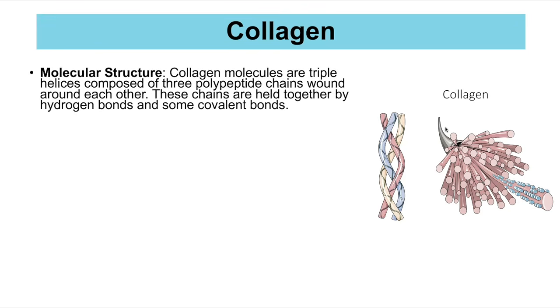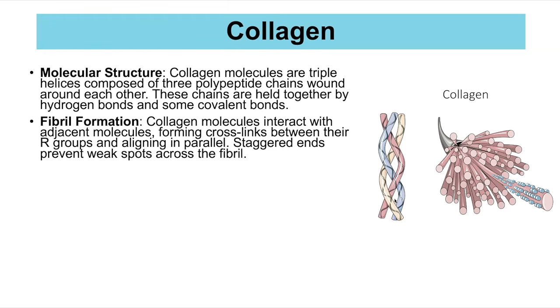Collagen was our example of a fibrous protein. So collagen molecules are triple helices composed of 3 polypeptide chains wound around each other, like we can see in this diagram here. And these chains are held together by hydrogen bonds and some covalent bonds.